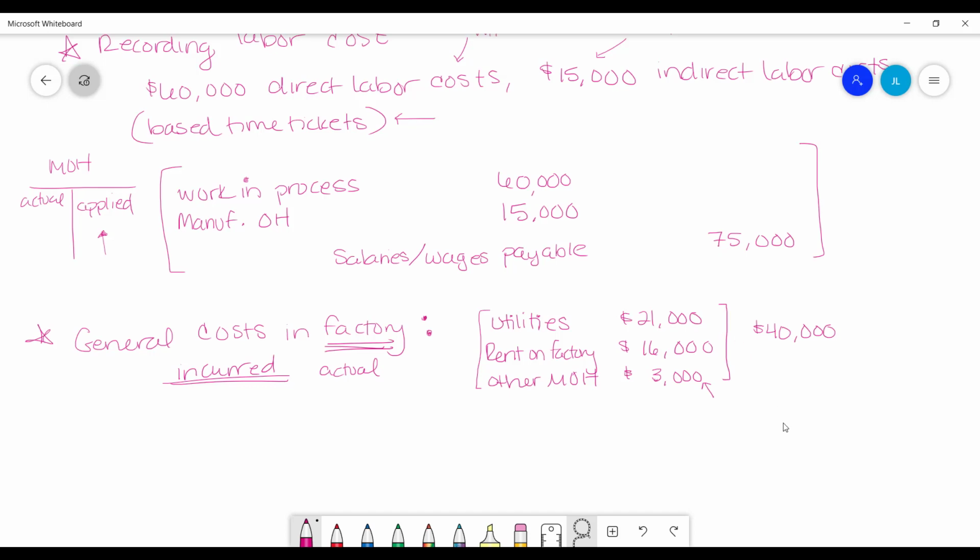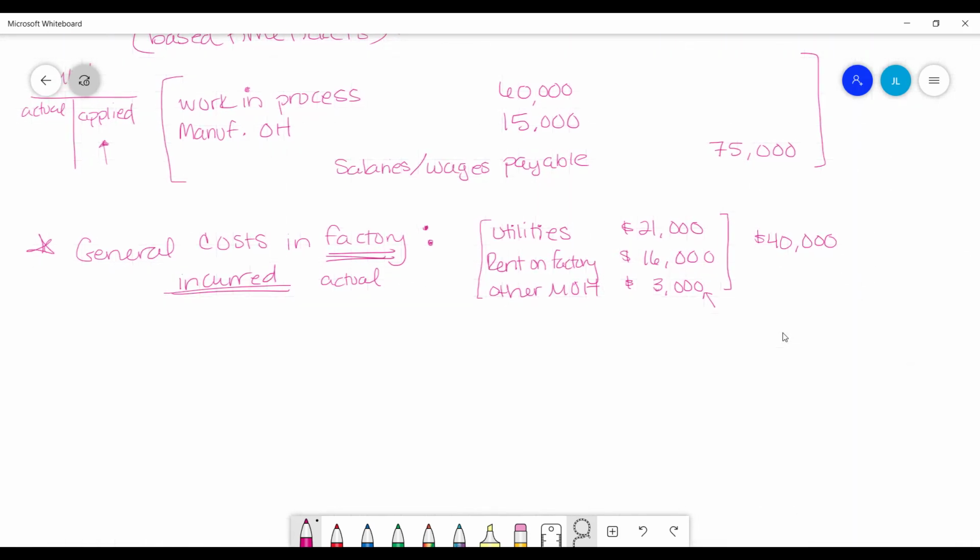So how would we record this general amount of manufacturing overhead of $40,000 here? That doesn't necessarily include indirect labor and indirect materials. We've already done that part of overhead, the indirect materials and indirect labor, but these are other indirect costs. So again, as a reminder, if we want to record actual overhead, it's going to be a debit to that account, not a credit, because if we credit it, that refers to applying overhead.